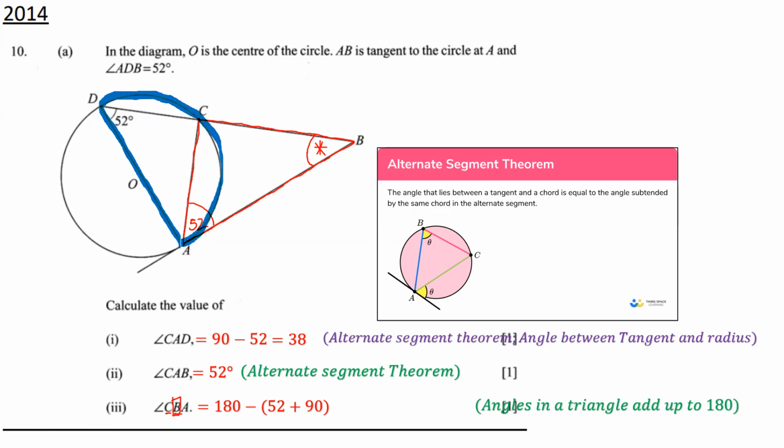And so what does that mean? Remember the theorem? The theorem says that the angle in a semicircle is 90 degrees. So that means that this angle right here is 90 degrees. The angle in a semicircle is 90 degrees.